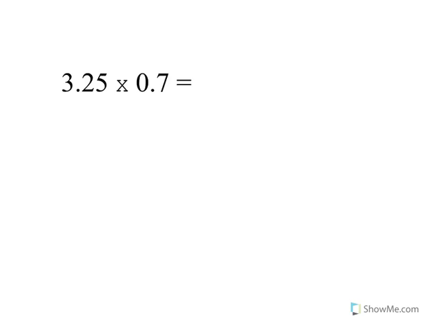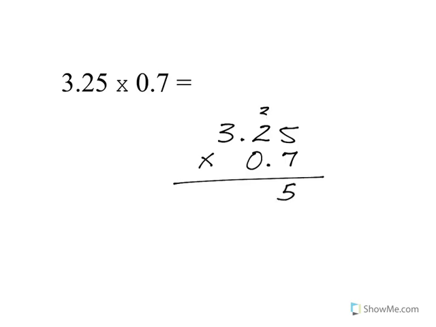Here I have 3 and 25 hundredths times 7 tenths. I'm going to multiply 7 times 5, which is 35. 7 times 2 is 14, plus 3 is 17. And 7 times 3 is 21, plus 1 is 22.